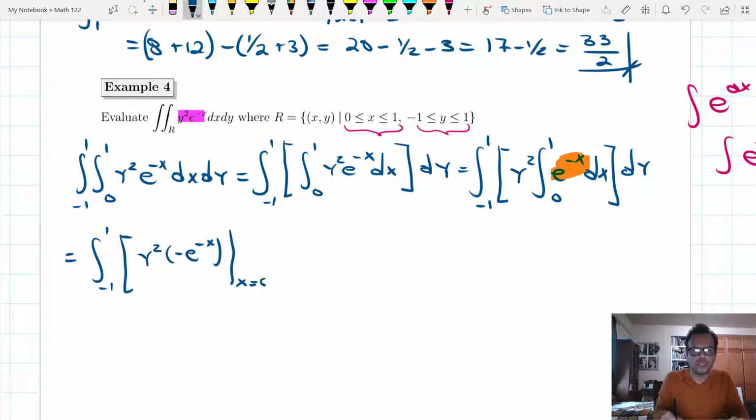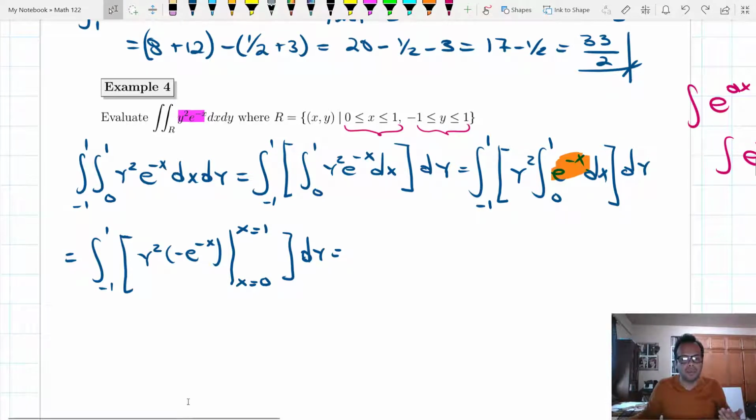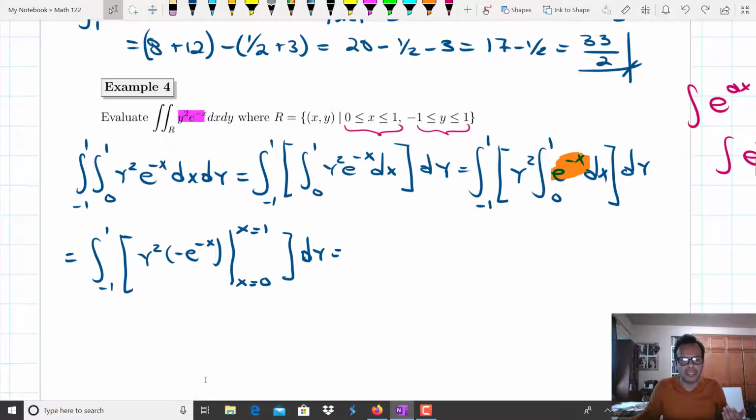X goes from 0 to 1, and then dy. All right, let's get rid of all these parentheses right here and fix all these negative signs. Let me clean this up because it looks a little bit messy. Again, I'm doing every single step. That's why we're getting those parentheses and those negative signs, right?